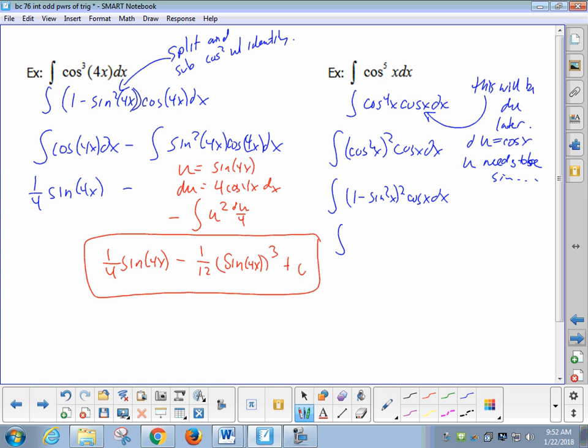That is not how you square a binomial. What is the square of 1 minus sine squared? 1 minus 2 sine squared plus sine to the fourth, times cosine dx. Okay then.